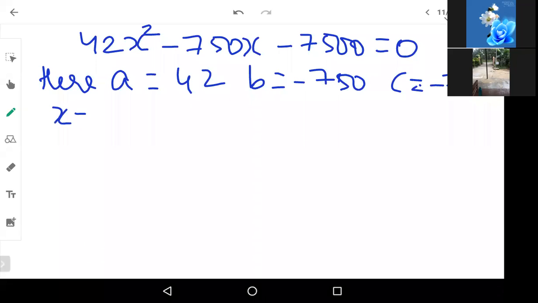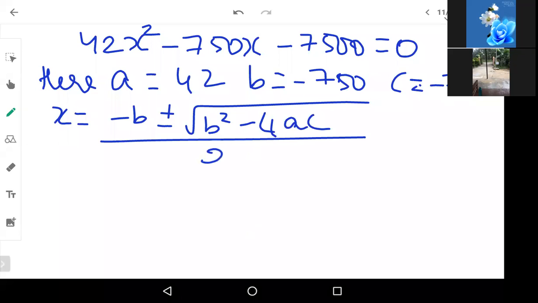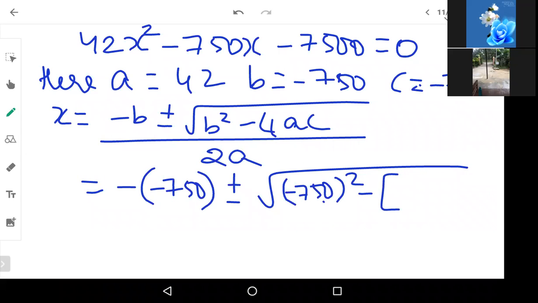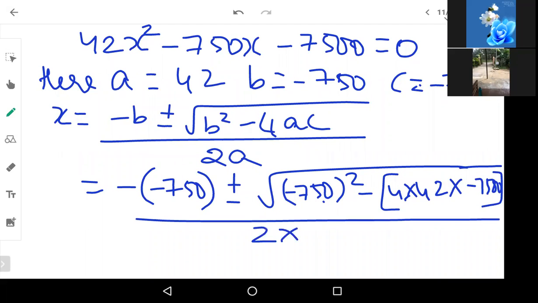So x is equal to minus b plus or minus square root of b square minus 4ac divided by 2a. So minus b is minus of minus 750 plus or minus square root of minus 750 square minus 4 into 42, a is 42, into c is minus 7500, whole divided by 2 into a is 42.